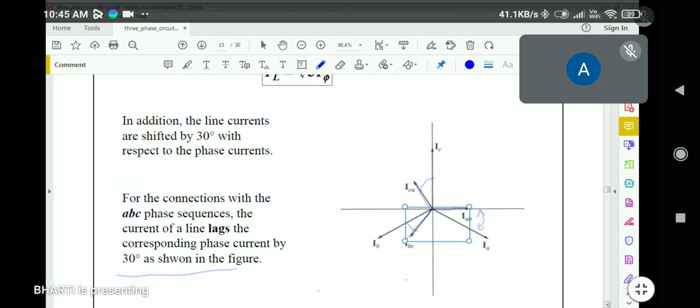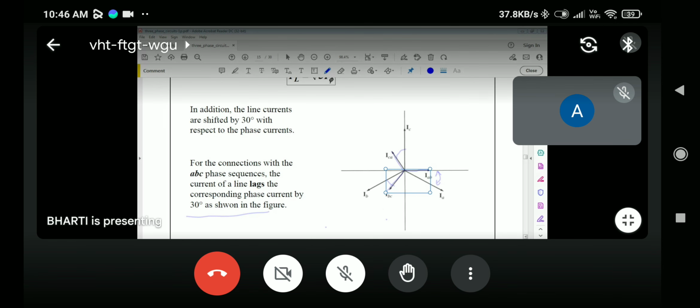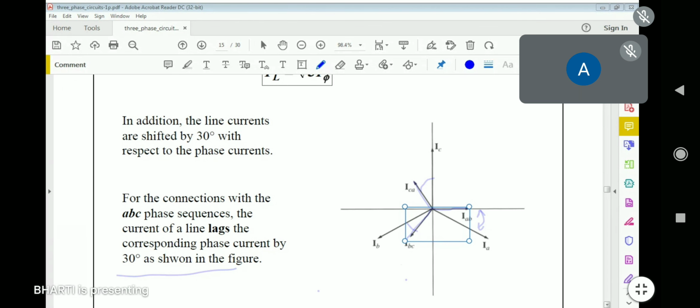We will study only this much today, just to revise it. What we have discussed today is about the connections that are used in three-phase circuits, that is the star connection and delta connection. In case of star connection, we have seen the line current and phase current are the same. But in case of voltages, they are not the same.